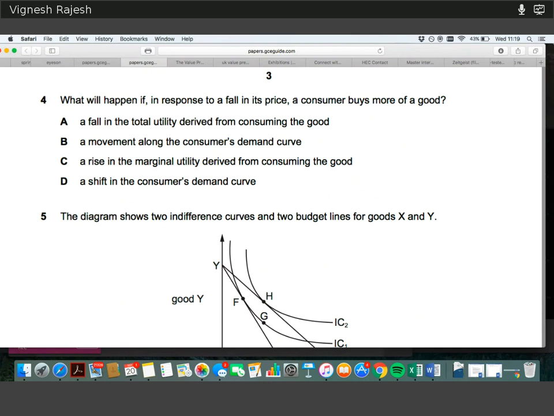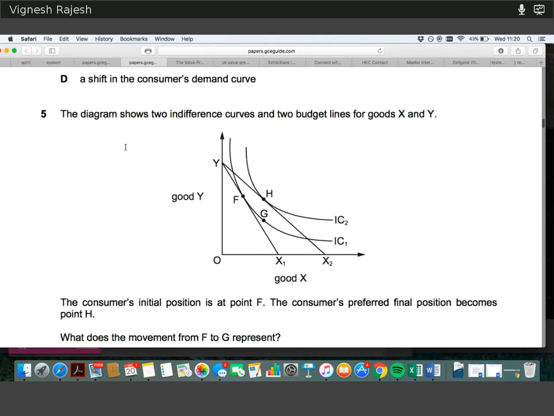So it's a movement along the demand curve, i.e., in this case, B. It's not necessarily a fall in total utility. In fact, it's most likely to be a rise in total utility, and you can't necessarily speculate on the marginal. In fact, it's more likely to be a fall in marginal utility. So actually, A and C are most likely to be wrong. D is definitely wrong. So the answer is B in this case.